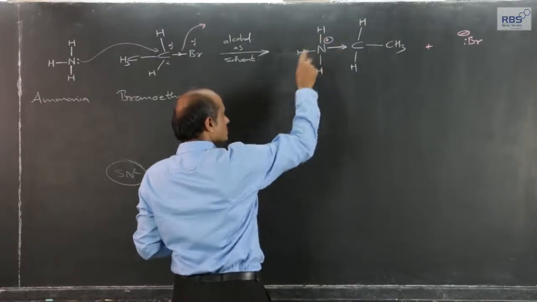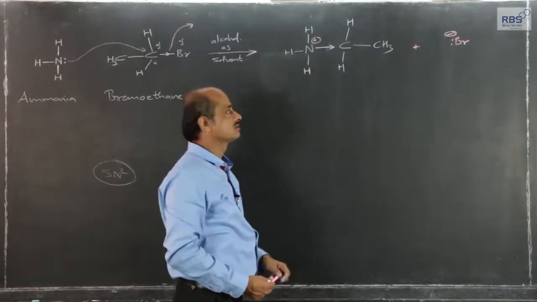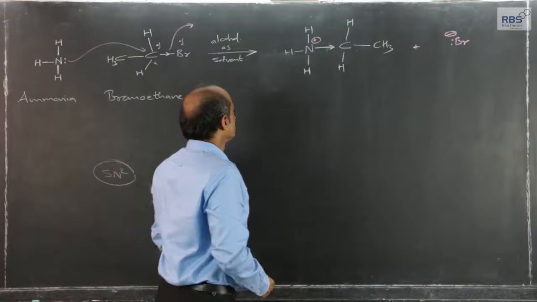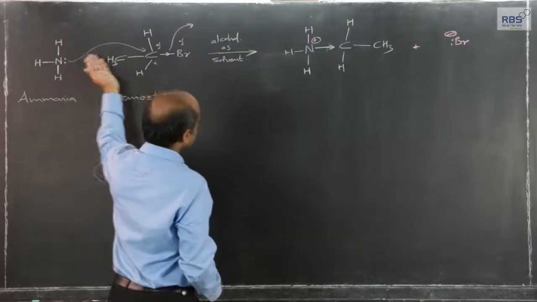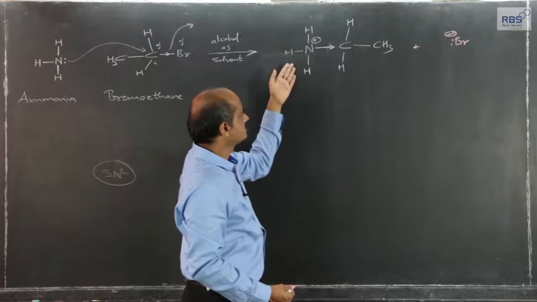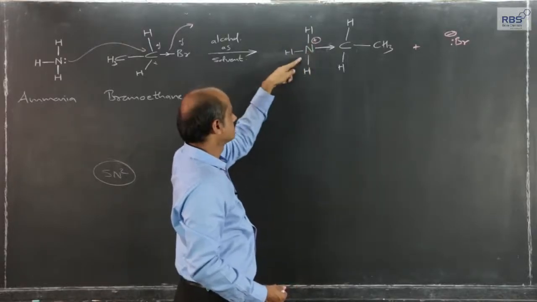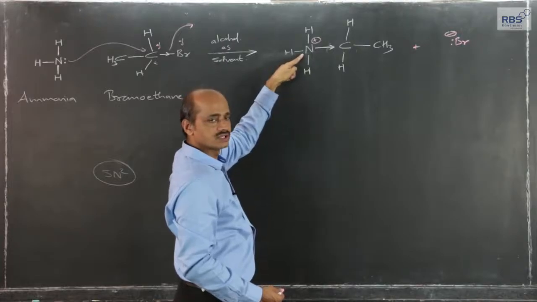Since there is a positive charge on nitrogen, nitrogen becomes electron deficient. The lone pair has now become a shared pair, but that has resulted in developing positive charge on nitrogen, meaning this nitrogen is electron deficient.